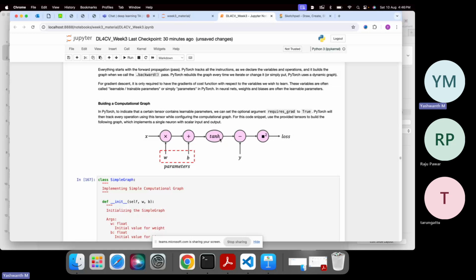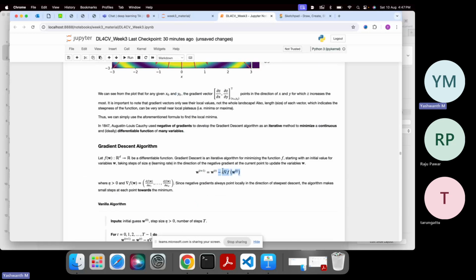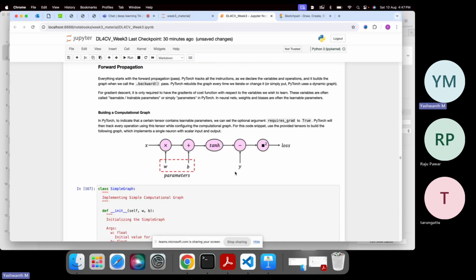Y is the reference value, so it's a traditional regression problem. We evaluate the squared function and call that the loss. We want to learn W and B, which is why they are highlighted as parameters. By minimizing the loss function, we need to learn these W's and B's. So what are the gradients of the loss with respect to parameters like W and B? We need to keep invoking these and update the W's and B's.